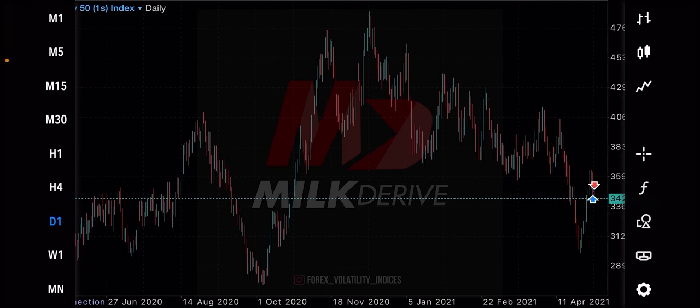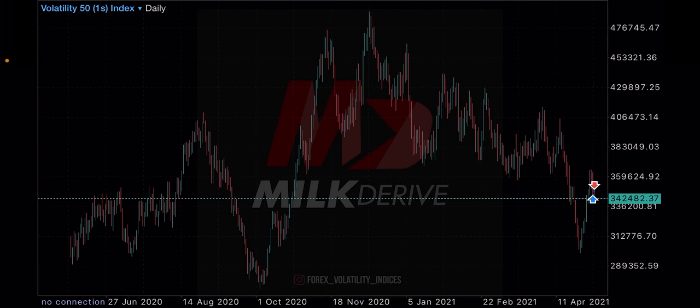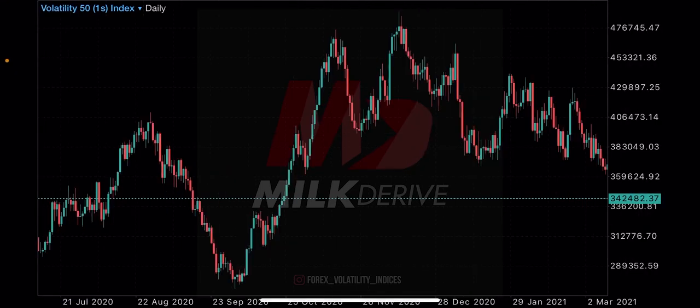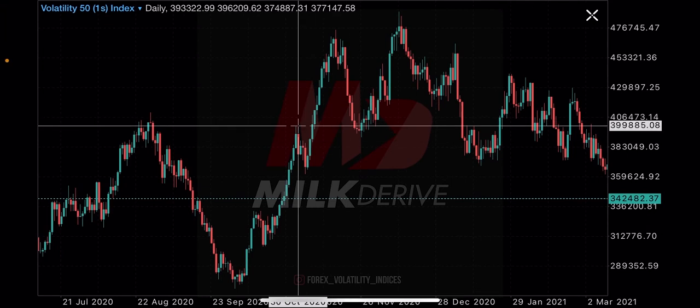Meaning that one candlestick appears in 24 hours for day one, one candlestick appears in 1 hour for H1, and one candlestick appears in 4 hours for H4. This is what I mean. This is one candlestick here. This is day one. Look at where the cross is starting.